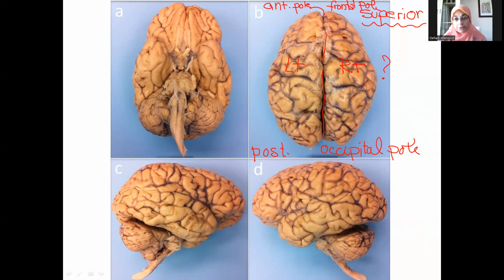Then I might ask you about these elevations and depressions of the brain. So, of course, you know that every elevation is called a gyrus, and the plural is gyri, and every depression is called a sulcus.